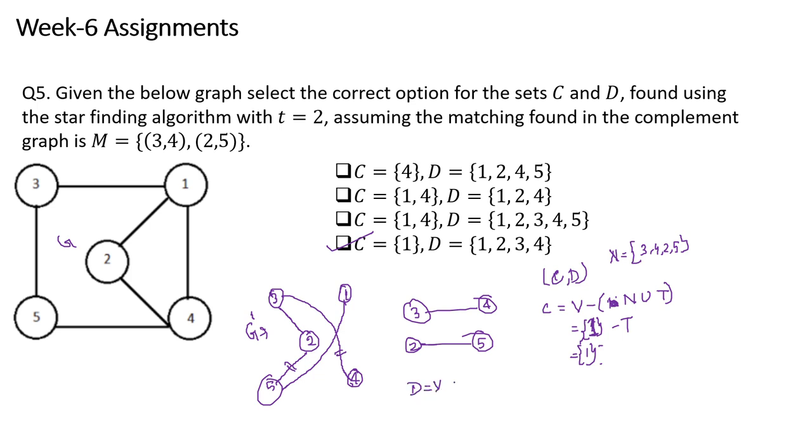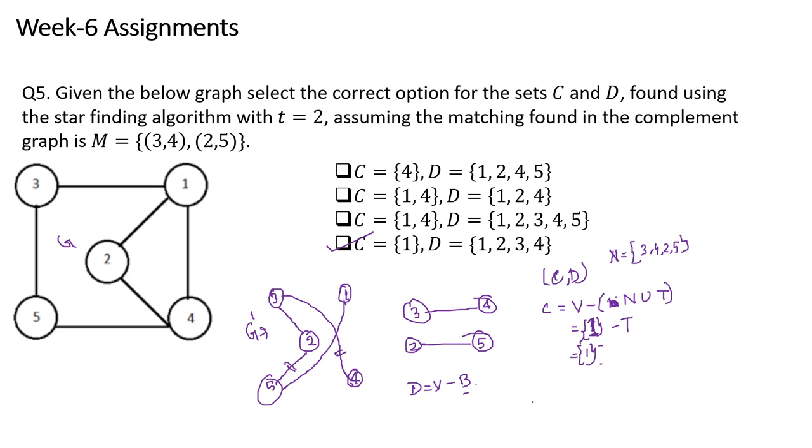If you remember, the vertex set minus B, where B is the set of matched nodes who have a neighbor in the C set, right? So the matched nodes are 3, 4, 2, 5.